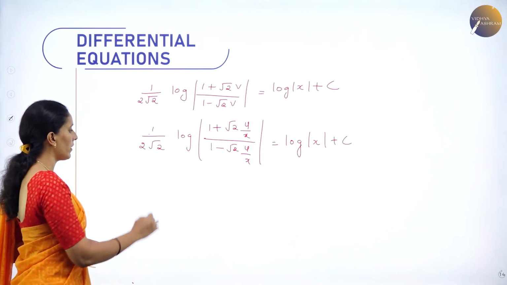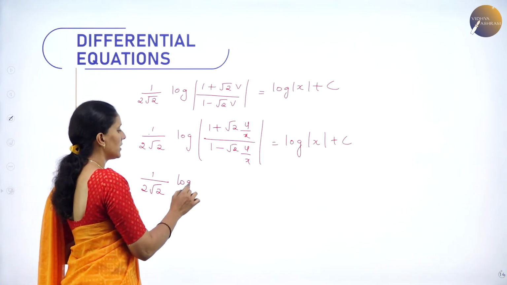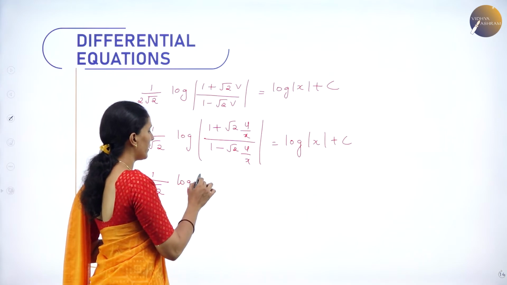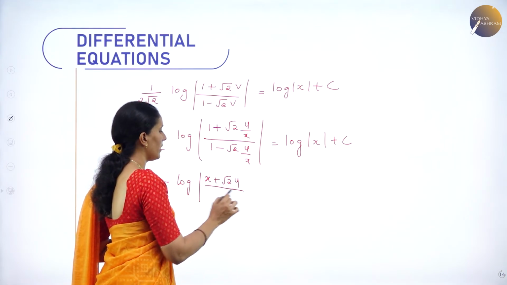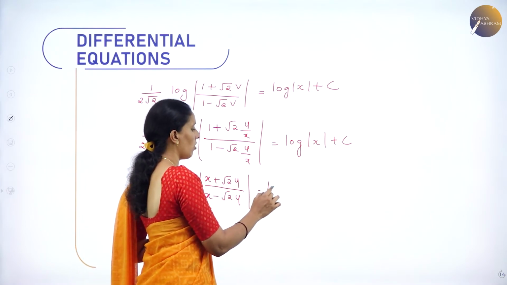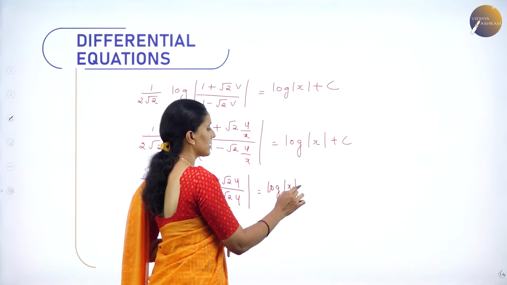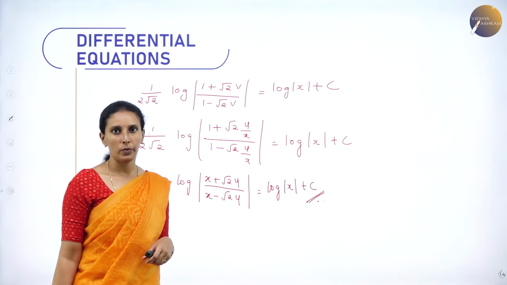Now on solving we get 1 by 2 root 2 log, since both contain the denominator x, it gets cancelled. We have x plus root 2 y divided by x minus root 2 y, equals log of mod x plus c. So this is the solution for the differential equation.